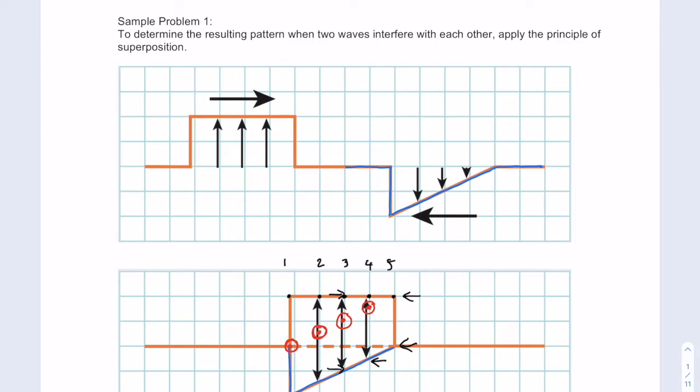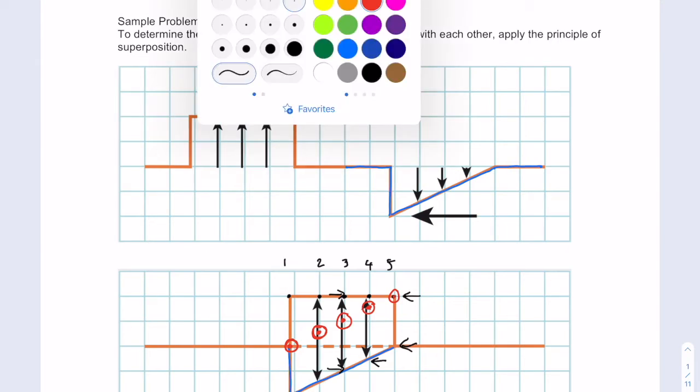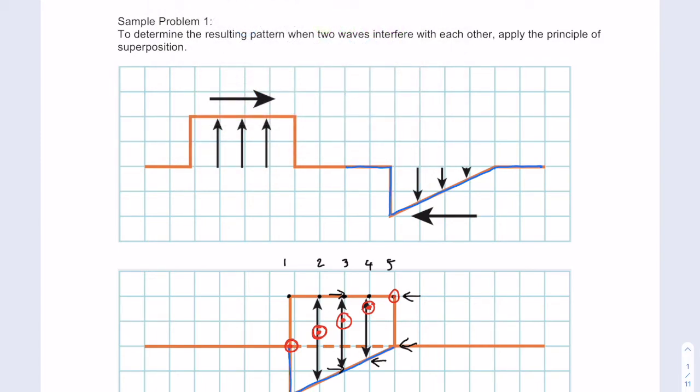So 2 plus 0 results in an interference point that is 2 units above. So I'm going to trace this over, and I'm going to use a little thicker line so that we can see it. When this rectangular crest approaches this triangular trough, the result will be a displacement or interference pattern that looks like this.